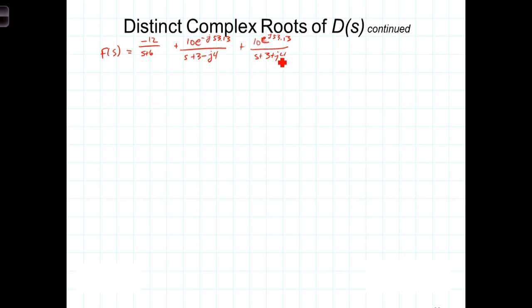I've gone ahead and rewritten our expanded form here, and we're now ready to transform these individual fractions back into the time domain. Going to the tables, we will remind ourselves that fractions of the form k over s plus a correspond to time domain functions of k e to the minus at. So this first one here, pretty straightforward in the time domain.